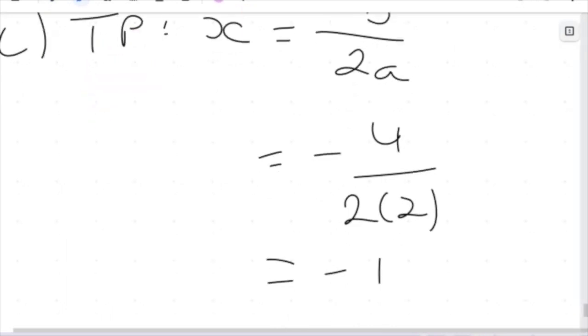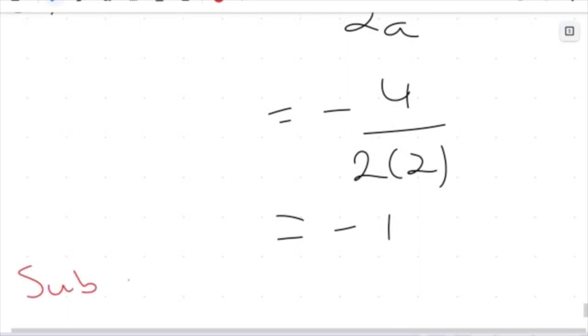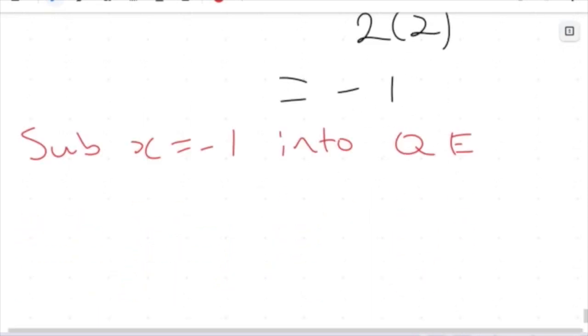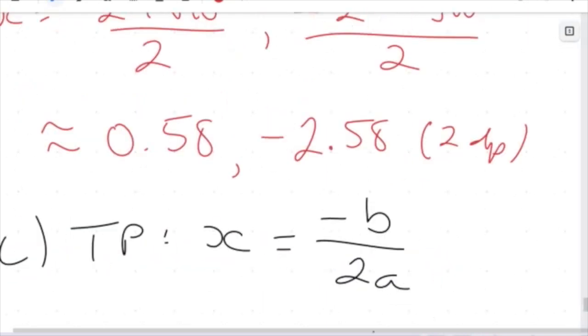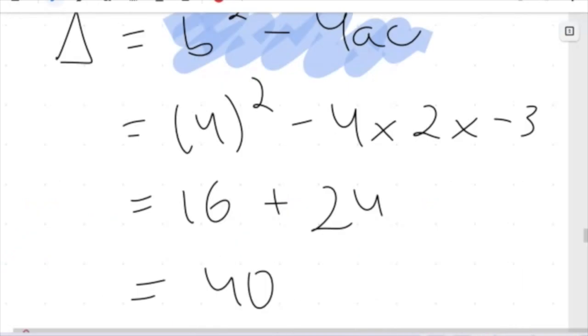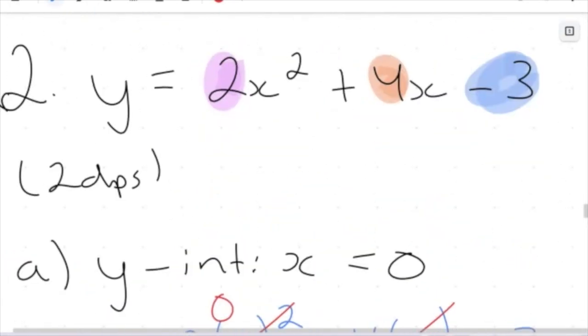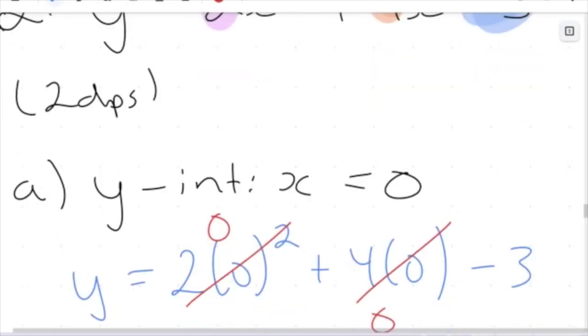To find the y, I want to sub x equals negative 1 into my quadratic equation, my initial one from the question. So I'm going to sub negative 1 into y equals 2x squared plus 4x minus 3.